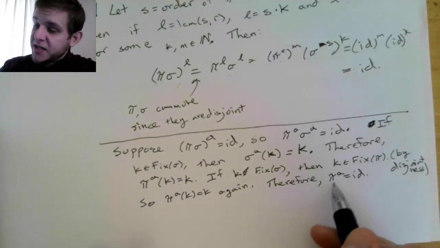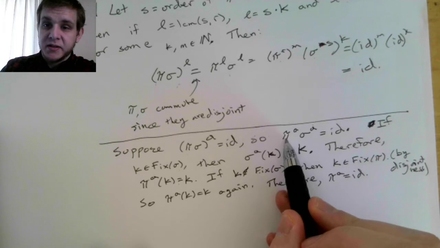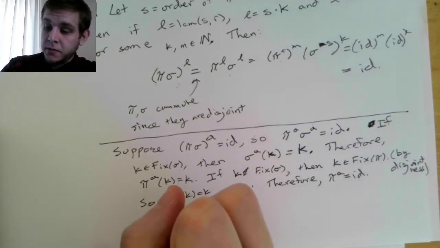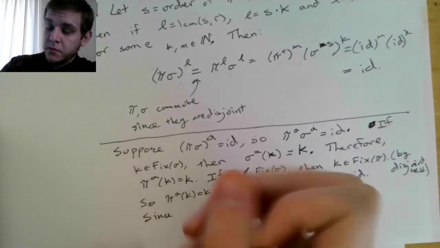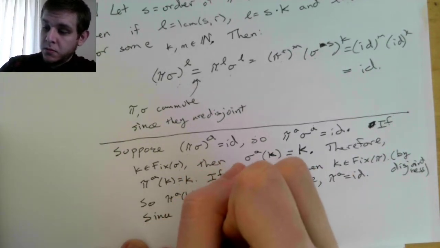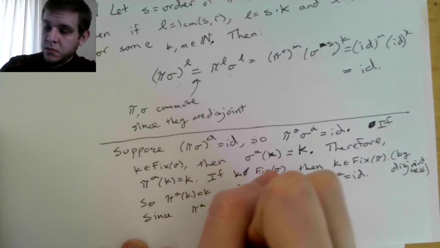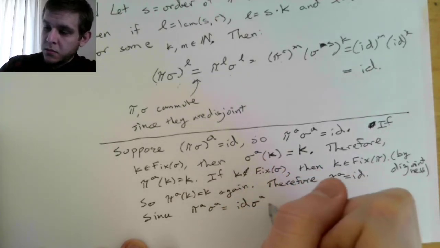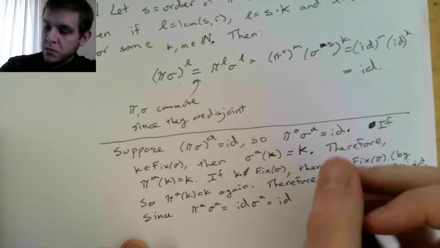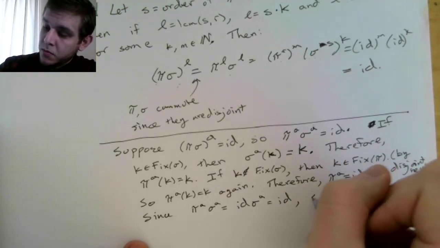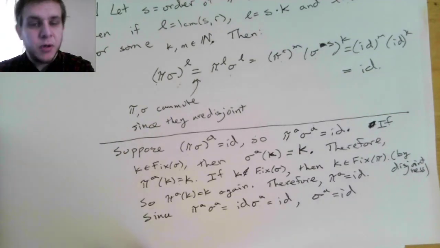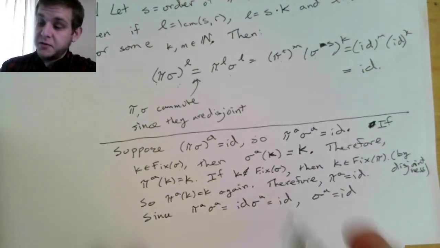Now once pi to the A is equal to the identity, I can plug it into this and get that sigma to the A is equal to the identity. Right? Because the identity composed with any transformation just gives me that transformation back.